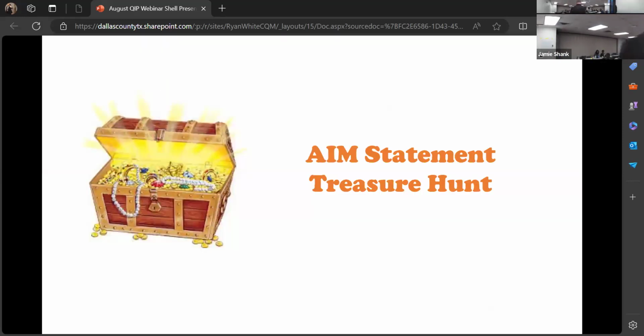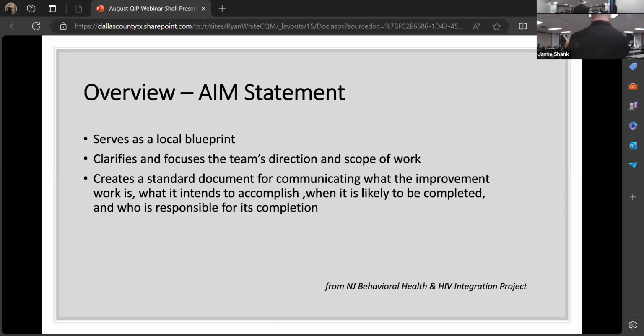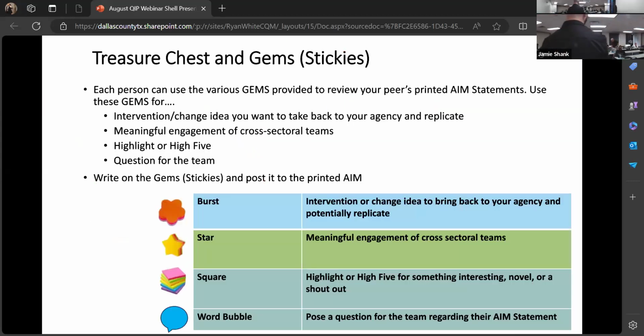Out of all of our 12 subrecipients, we have laid out every single one of their aim statements outside in this hallway on the left. There are some little sticky notes that you can attach to the wall, depending on how you feel about the aim statement. The first is an intervention or change idea to bring back to your agency and potentially replicate. A star sticky note means meaningful engagement of cross-sectoral teams.